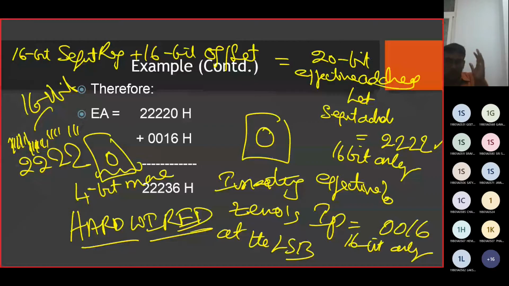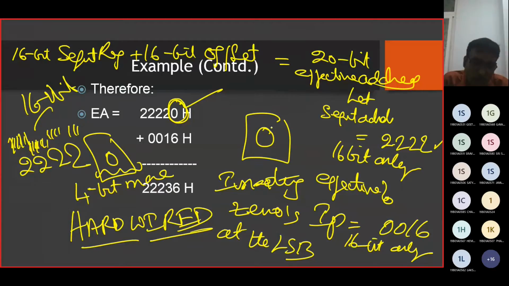The segment address we are considering will be shifted to its left-hand side by 1 position, thereby inserting 0 at that position.